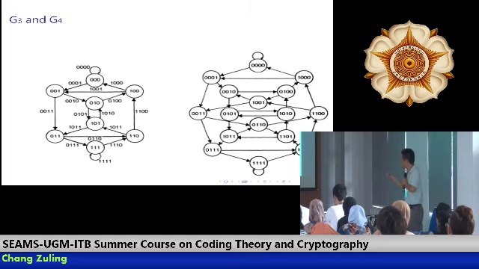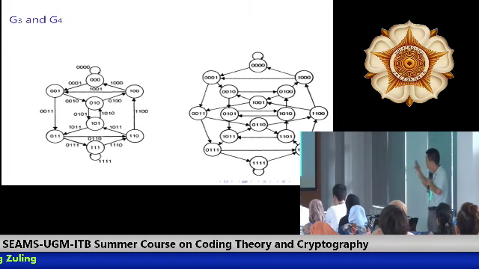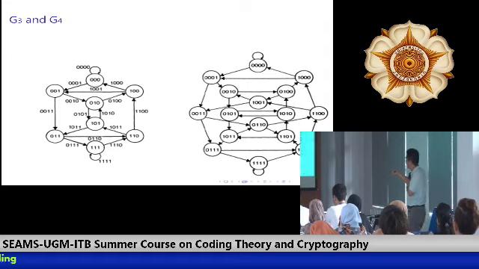And from this graph, there are some interesting relations between the de Bruijn sequence and the Euler cycle and the Hamilton cycle.